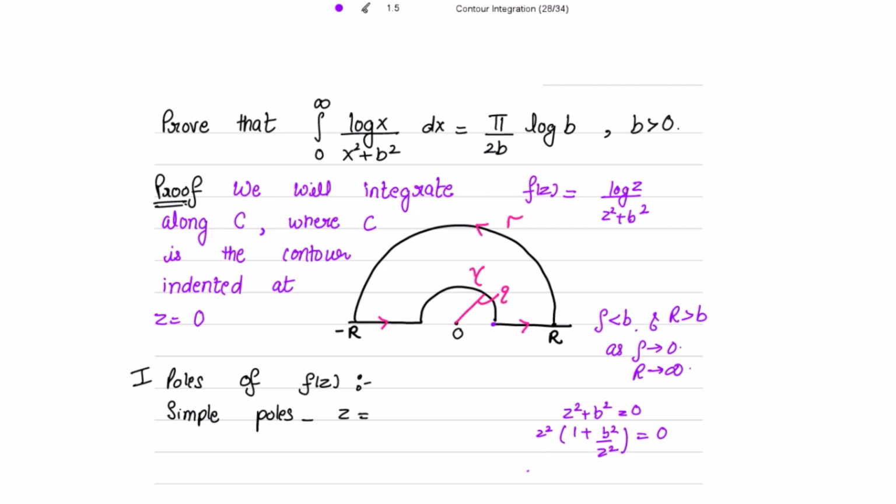And from here I get z equal to 0, and b square over z square is negative 1, which means z is equal to plus minus b iota. So 0 is lying on the real axis, so the contour is indented at z equal to 0. And of plus minus b iota, which pole lies inside the contour? Always the positive one. So b iota lies inside the contour.